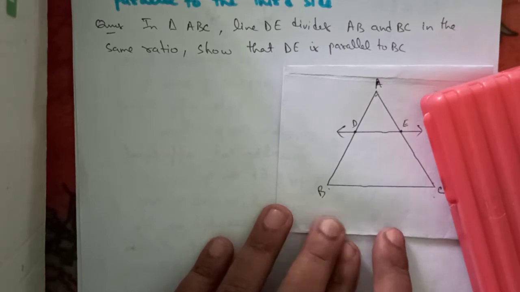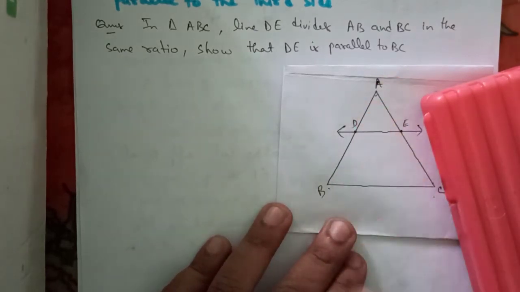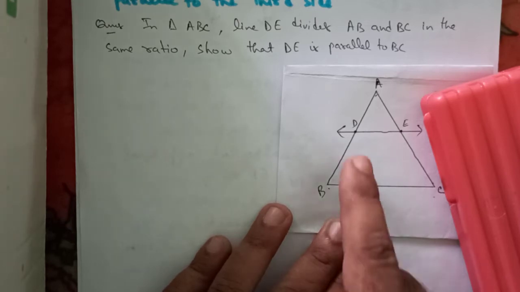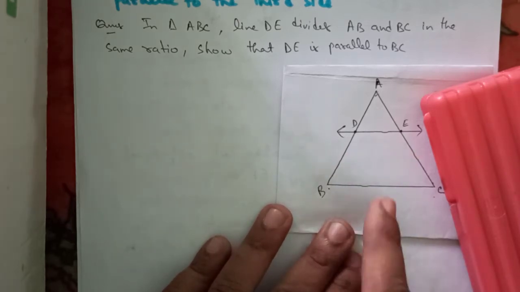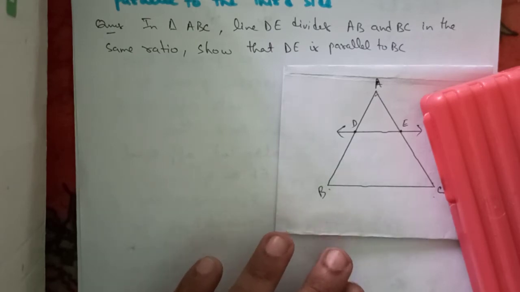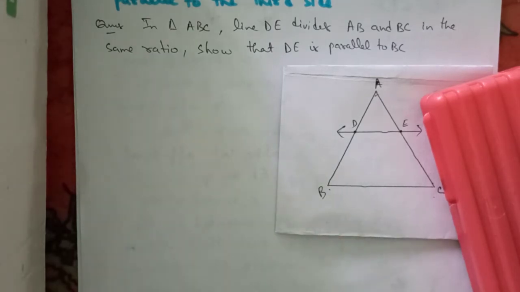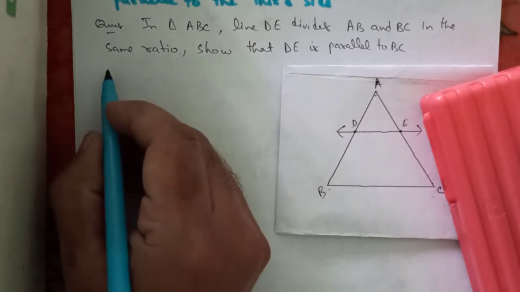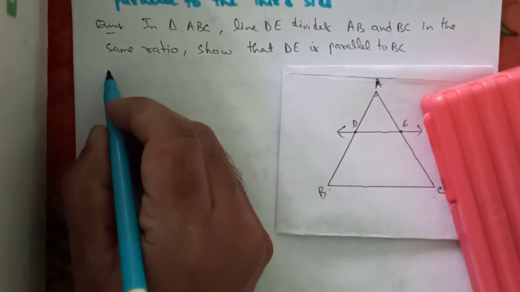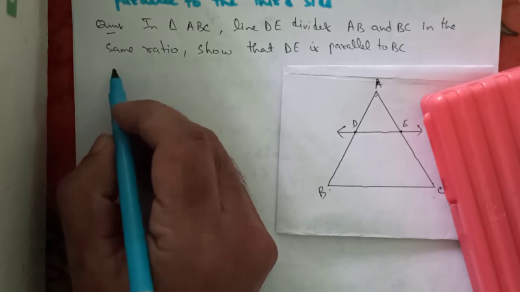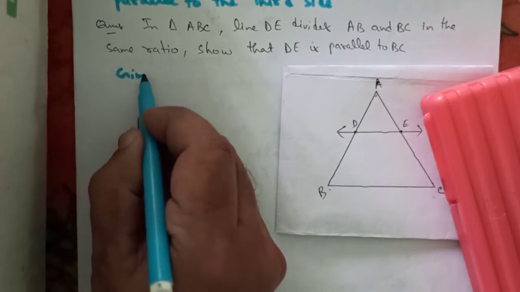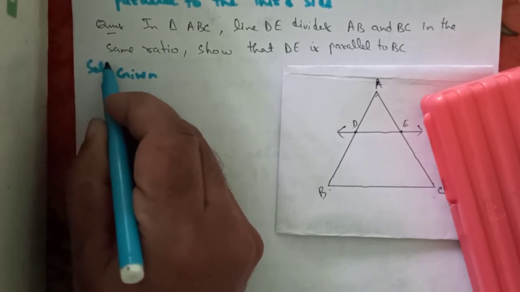The first step is that we will draw the figure: triangle ABC, and then DE, and it is given that DE divides AB and AC in the same ratio. I have drawn the figure. Then the second step is that we will write the given.